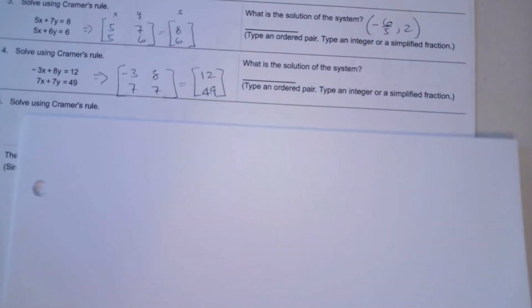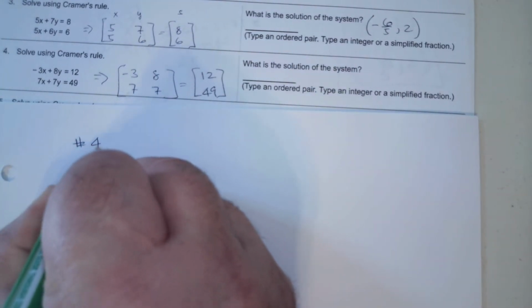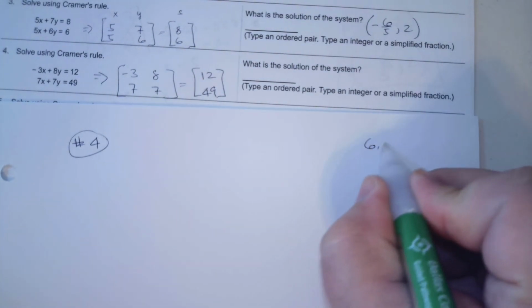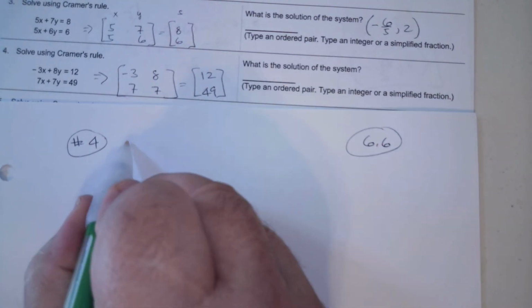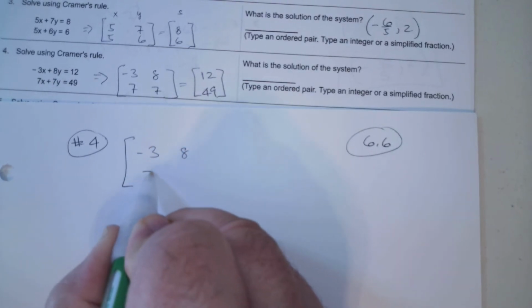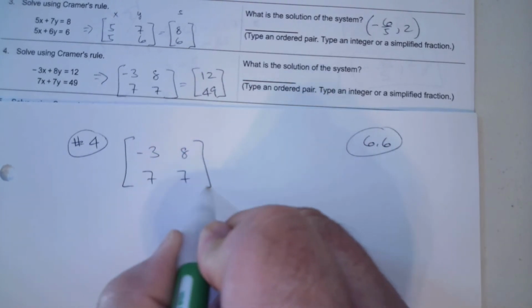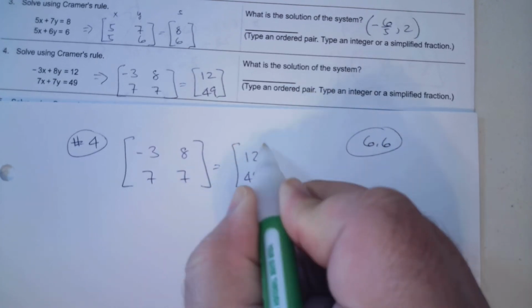Solve. So this is number 4 of 6.6. So we had our matrix: negative 3, 8, 7, 7, 12, 49.